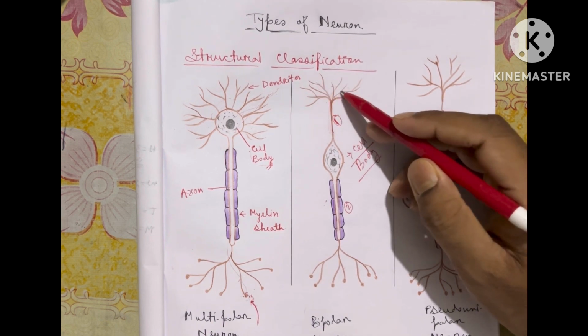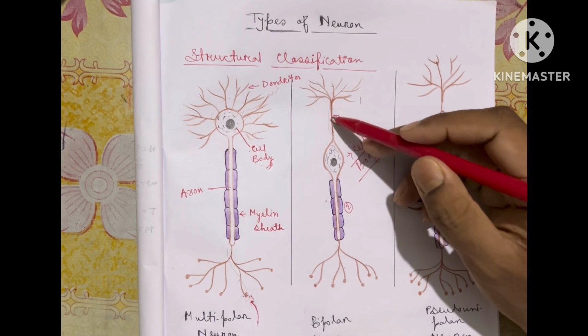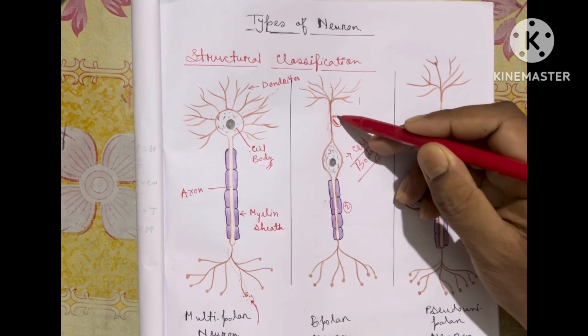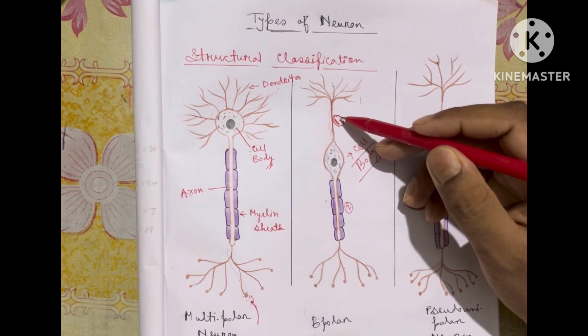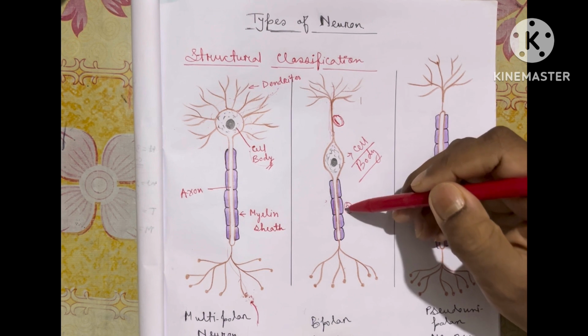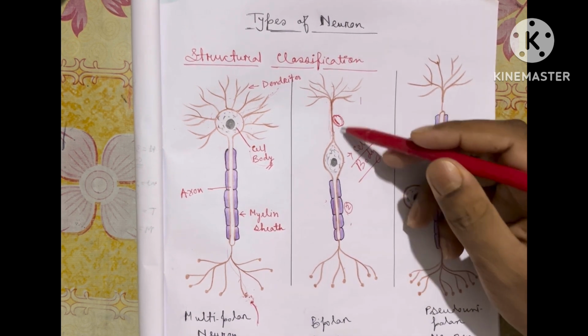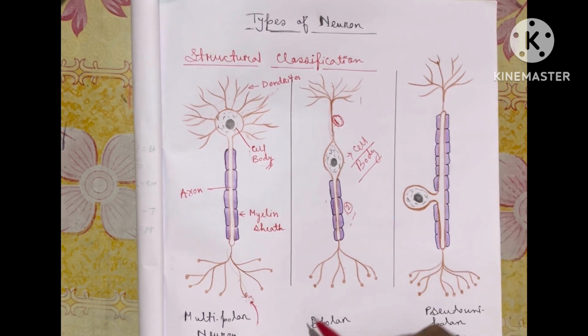It may have different extensions, but the moment it comes in contact with the cyton, it is only one extension. So that's why we don't consider them as different types of neurons. Only one dendritic extension will be considered and one axon will be there. So only two types of extensions are there, one dendrite and one axon. That's why it's called bipolar.